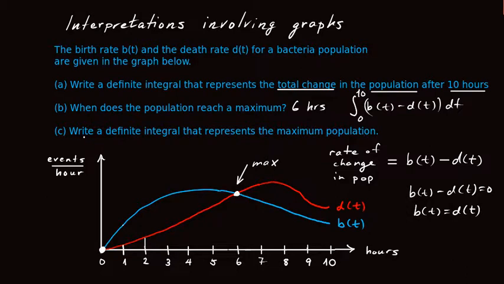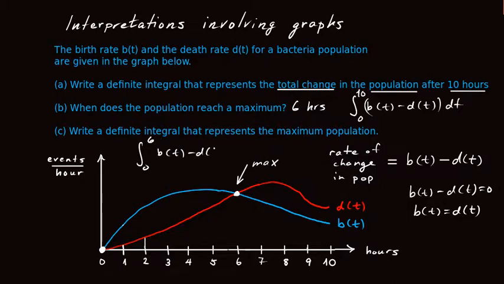Then the last part asks to write a definite integral that represents the maximum population. Well, certainly the total change in the population up to the maximum is given by the integral from 0 to 6 of the rate of change in the population, which is b of t minus d of t.